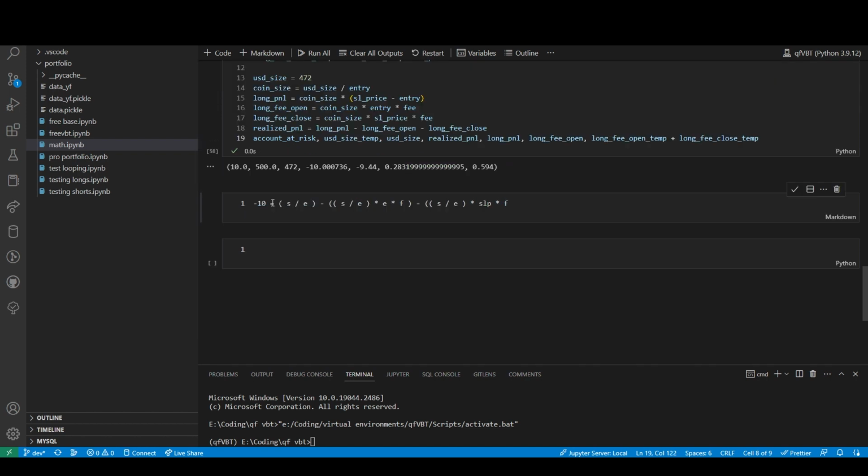Well, basically, here's the formula. You have negative 10 equals S divided by E minus S divided by E times F minus S divided by E times stop loss price times F. So now all I have to do is figure out how to get S by itself.